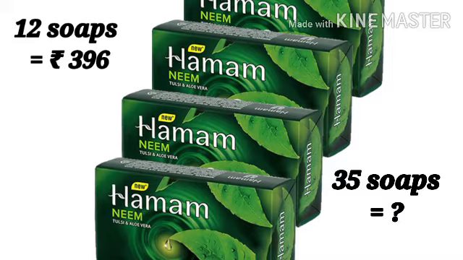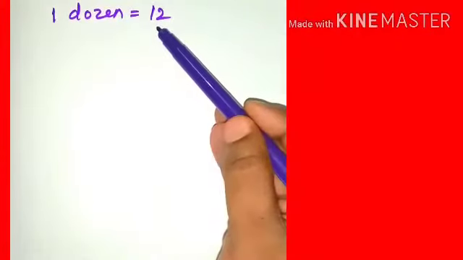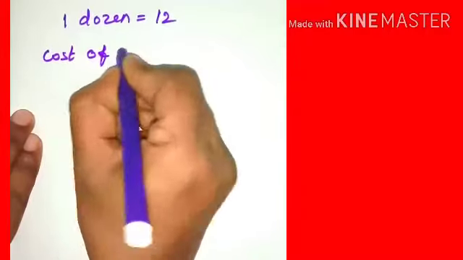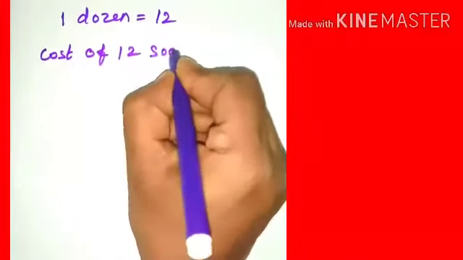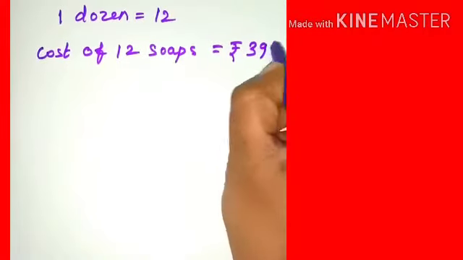Now, definitely the cost increases with the number of soaps. So, dear students, under what category will this problem fall? No doubt, this problem also comes under direct proportion. Unitary method. 1 dozen means 12 soaps. So first it is given that the cost of 12 soaps is equal to rupees 396.